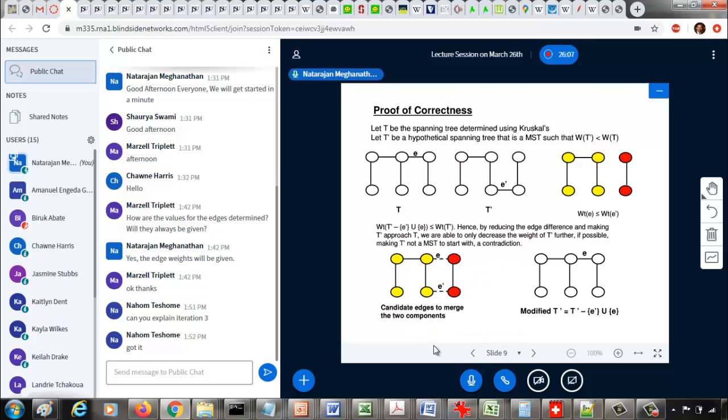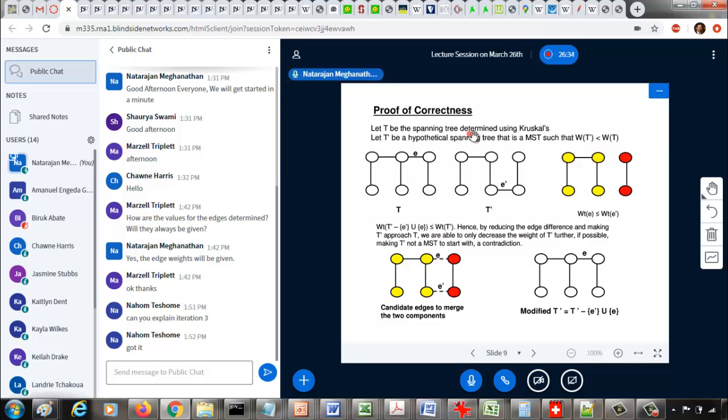Okay, so how are we going to prove this algorithm is going to do what it's supposed to do? We are going to use the approach of proof by contradiction, which you know from the earlier examples or modules you have seen. Here, what we have to prove is that Kruskal's algorithm is going to find a minimum spanning tree. So let T be the spanning tree found by Kruskal's algorithm.